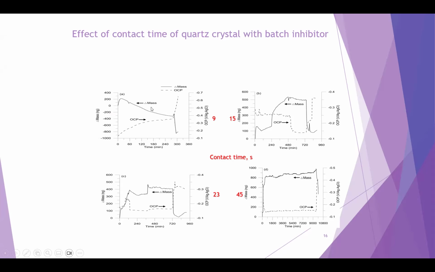So this point is where the inhibitor was effective. When the contact time of the batch inhibitor was only 9 seconds, the inhibitor film was there only for 300 minutes. But when the contact time increased to 45 seconds, the inhibitor film was very thick, 800 nanograms, and it lasted for almost 9,000 minutes.